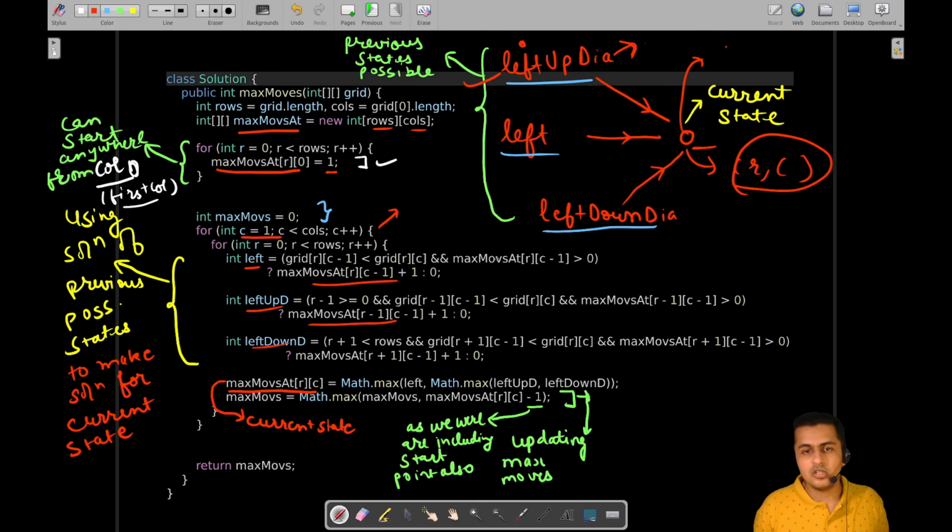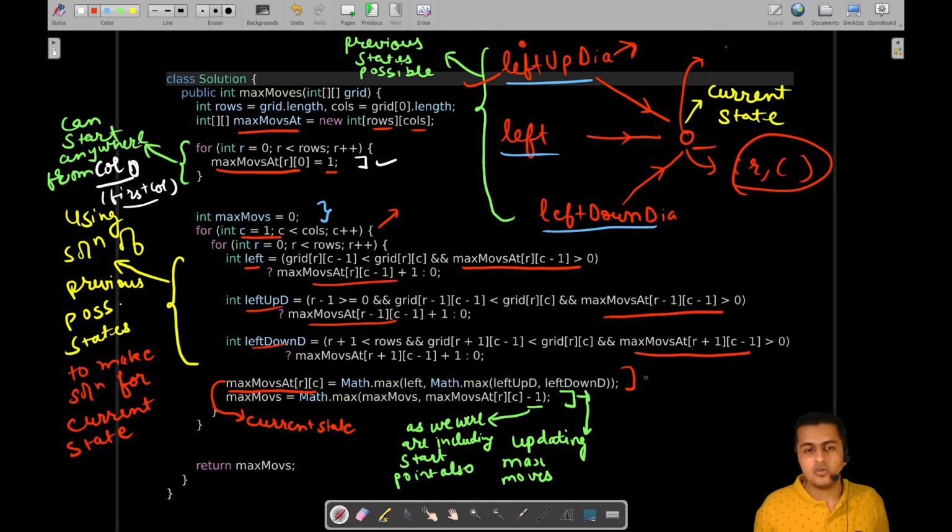So we make this check for all three possible previous states, and the value should definitely be greater than 0, otherwise we would not take their contributions. Then once you have taken all the contributions of the previous states, you take the maximum of them, because we want to maximize the number of moves that can be made.